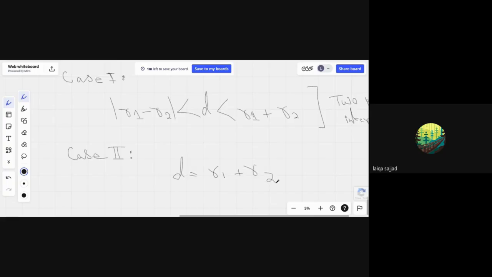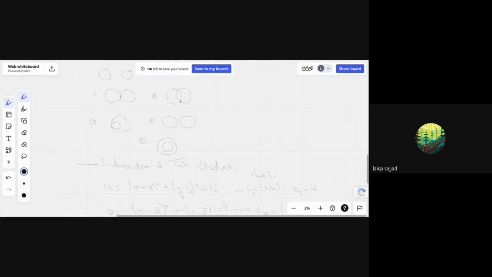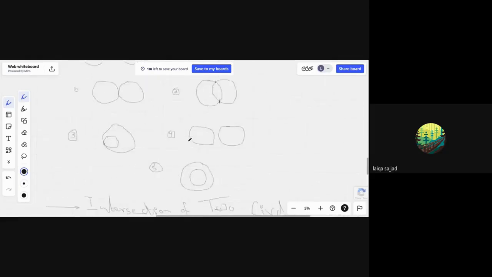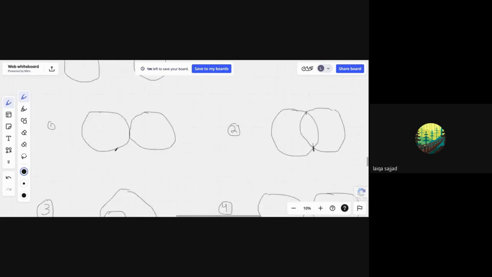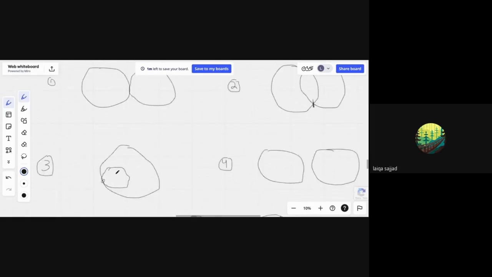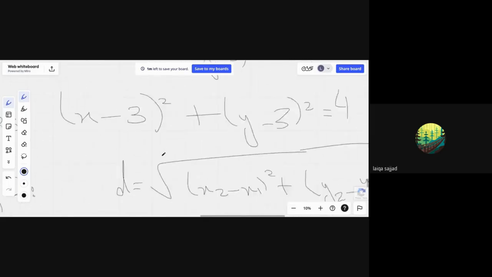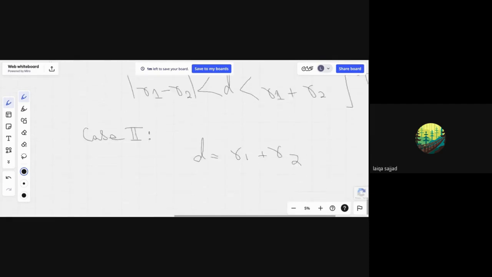So it would be this scenario. In this case as well, they are only touching at a single point but they are touching internally, whereas in this case they are touching externally. So the circles are externally tangent to each other.